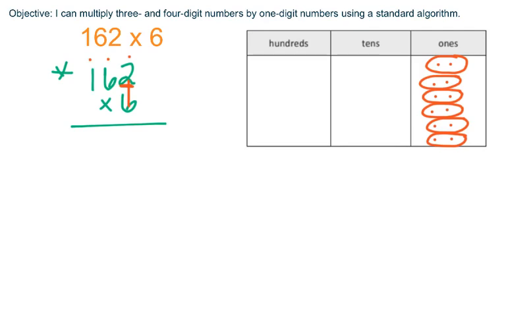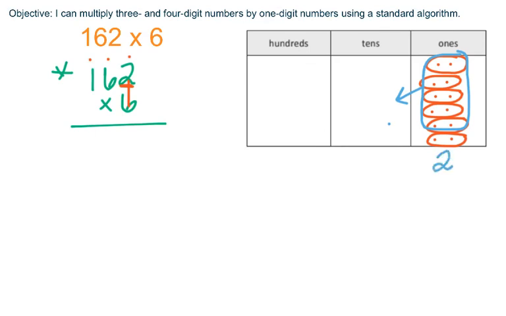But I know that I cannot keep 12 in that column, because if I have a bundle of 10, I've got to bundle and send it over. So I'm going to look for a bundle of 10. I've got 2, 4, 6, 8, 10. And instead of 10 ones, now I've got 1 ten, and I have 2 left over in the ones.